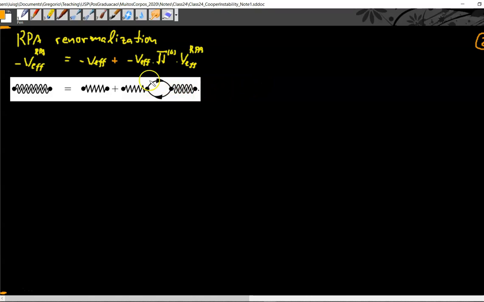So the idea here is that to do the RPA, you just keep plugging these bubble diagrams in between interactions, so on and so forth, and do the expansion and resum it, right? That's essentially the idea of the RPA.